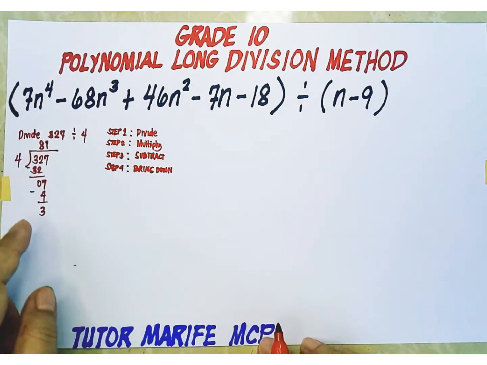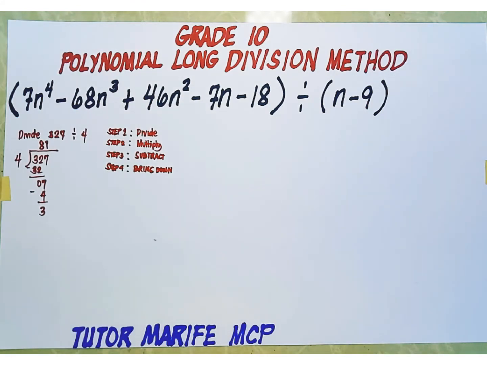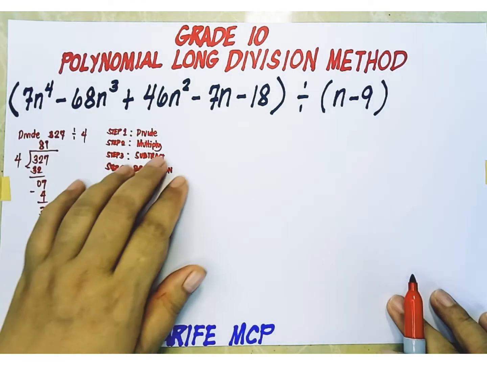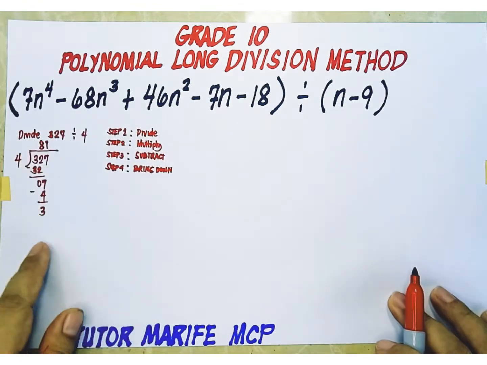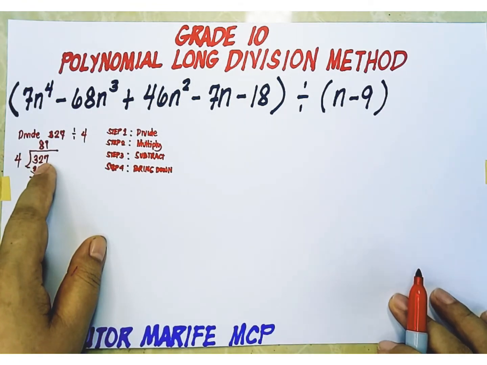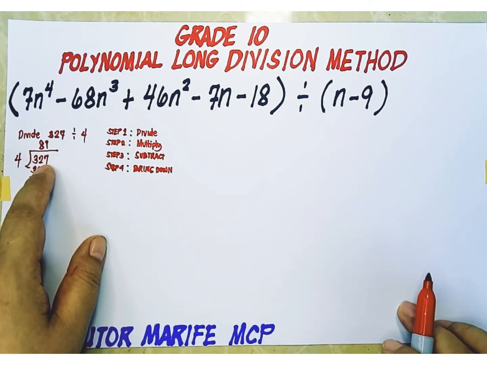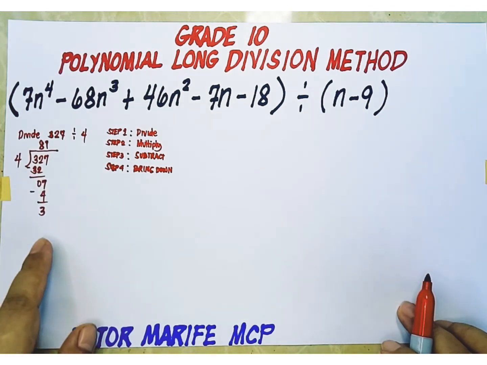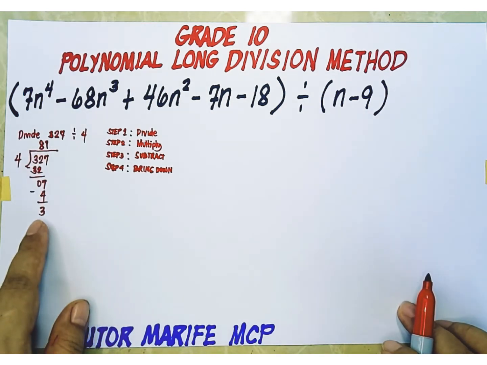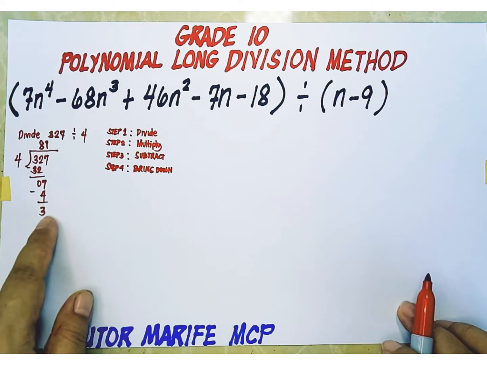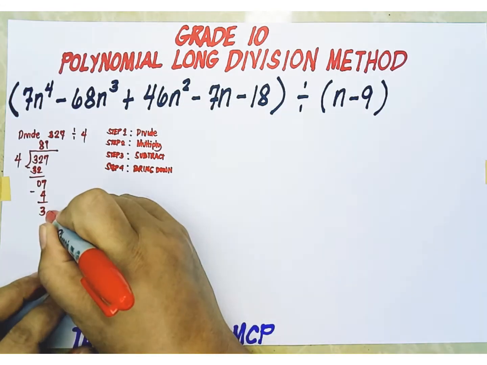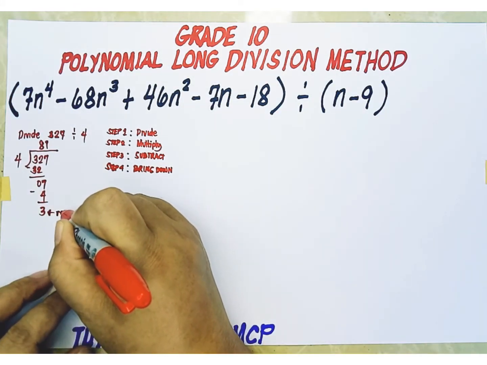So wala na tayong i-bring down, okay? So you keep on repeating the process until you run out of digits. Okay? So pag naibaba mo na lahat, yung leftover dito is actually the remainder.